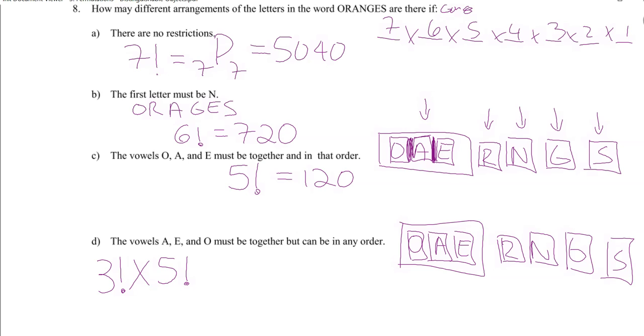So we're going to take 5 factorial, that's the ways to arrange the tiles, and then for the tile with the vowels on it, which I really should have written as AEO, but whatever, those can be arranged 3 factorial ways. So 3 factorial times 5 factorial gives you 720 arrangements.